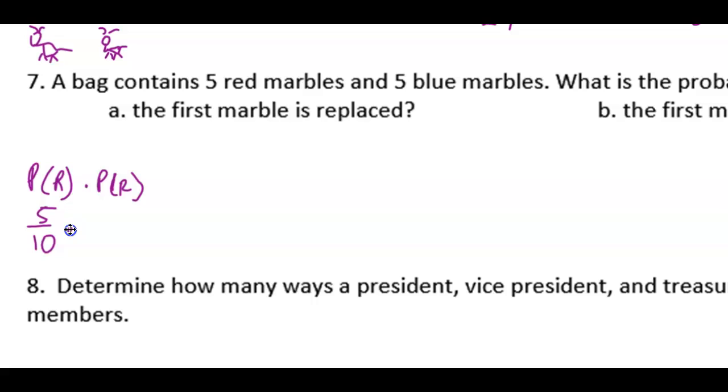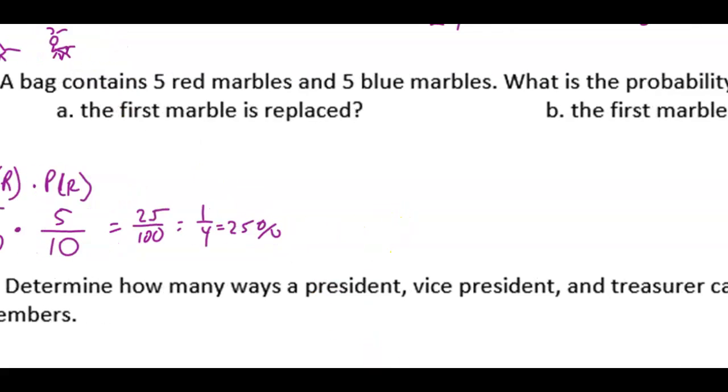And then I put it back in the bag. So now the probability of selecting red is 5 red again, divided by 10 again, because I put this one back in. That gives me 25 over 100, which is 1/4, or 25%.